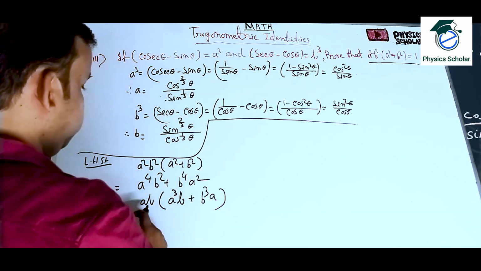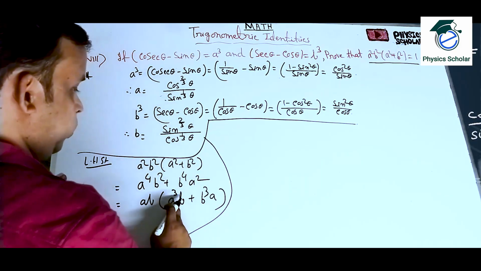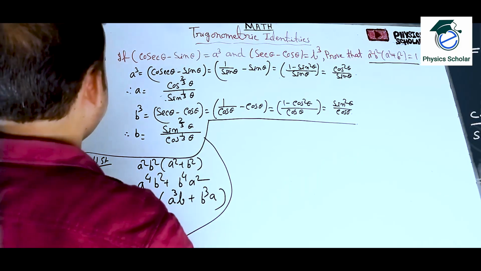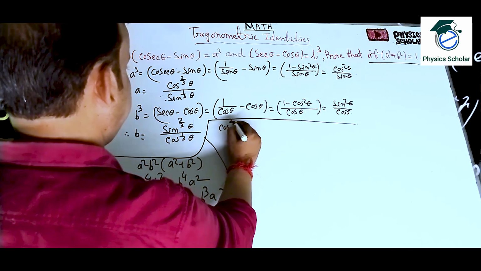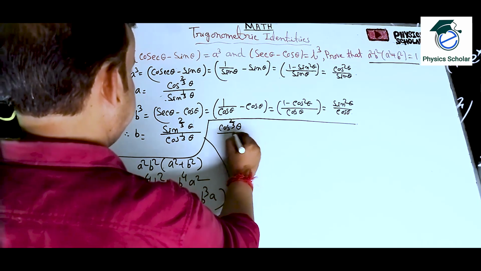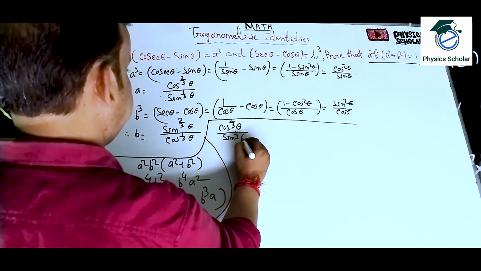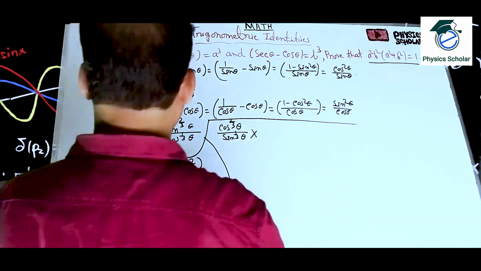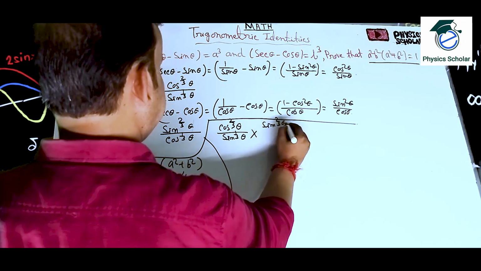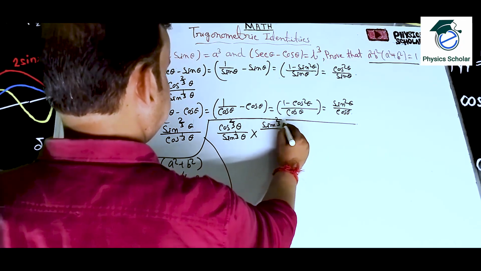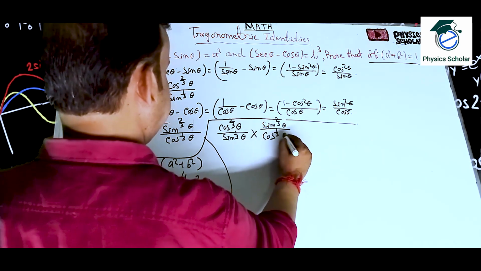Clear? Now we'll put the value. ab into (a³ b + b³ a). So what is the value of a? a means cos to the power 2/3 θ divided by sin to the power 1/3 θ, into what is the value of b? b means sin to the power 2/3 θ divided by cos to the power 1/3 θ.